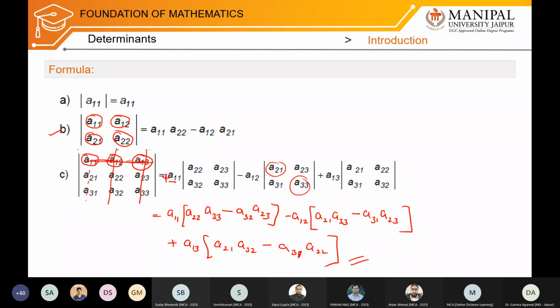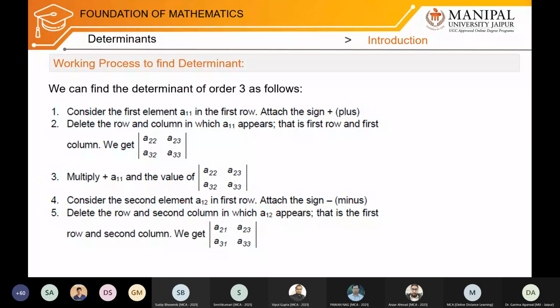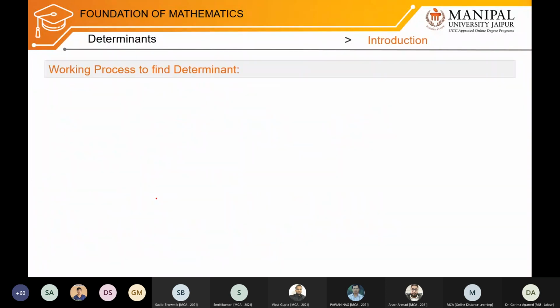So this is the determinant for a 3 cross 3 matrix, right? The working procedure I have already explained, so there is no need to explain it again.